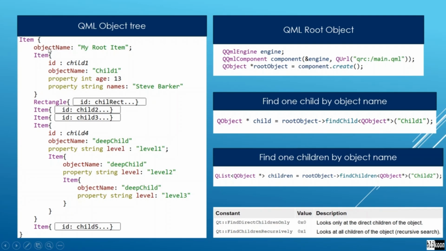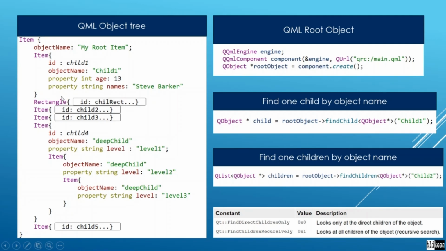That is the property called objectName. This is different from the id that we have been using in QML. It is specifically used when you are parsing objects. You see here the root item has an objectName called myRootItem. And if you go down, you're going to see that all the items also have object names.